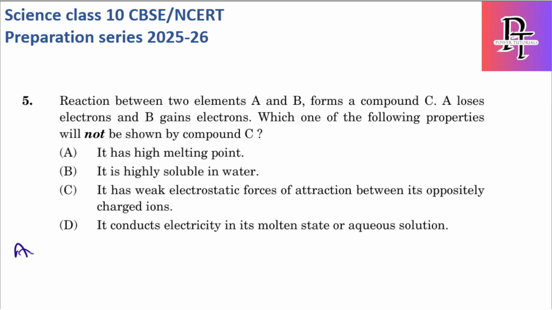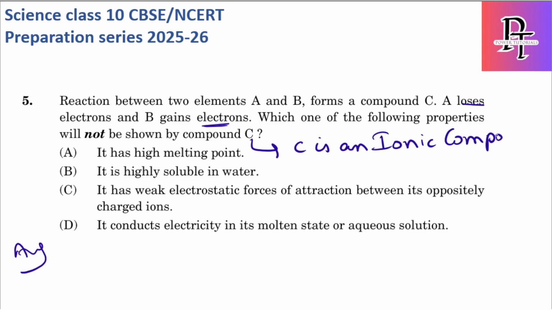Let's see the fifth one. The reaction between two elements A and B forms a compound C. A loses electrons and B gains electrons. If one is losing electrons and the other is gaining electrons, we can simply say C is an ionic compound. Ionic compounds are formed when there is an exchange of ions.